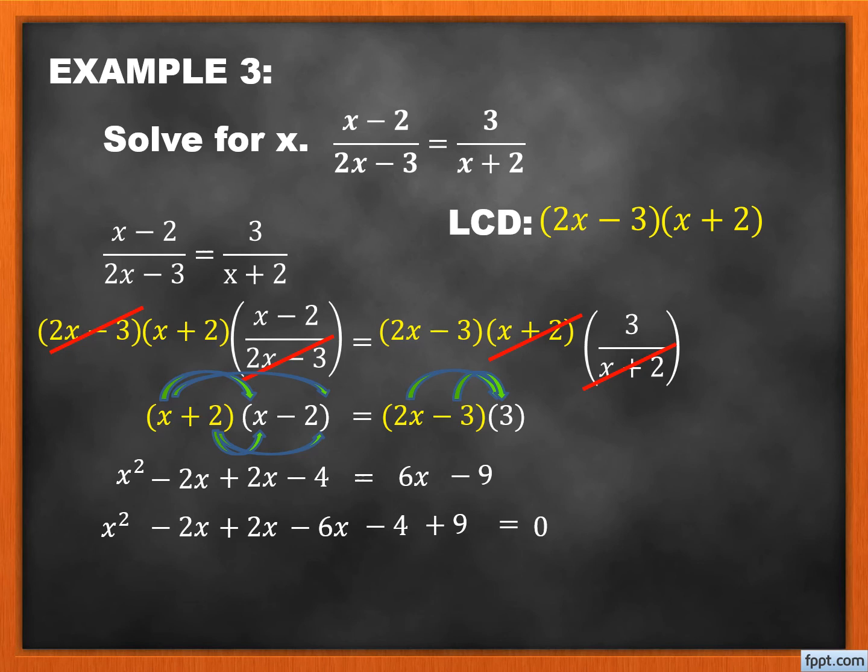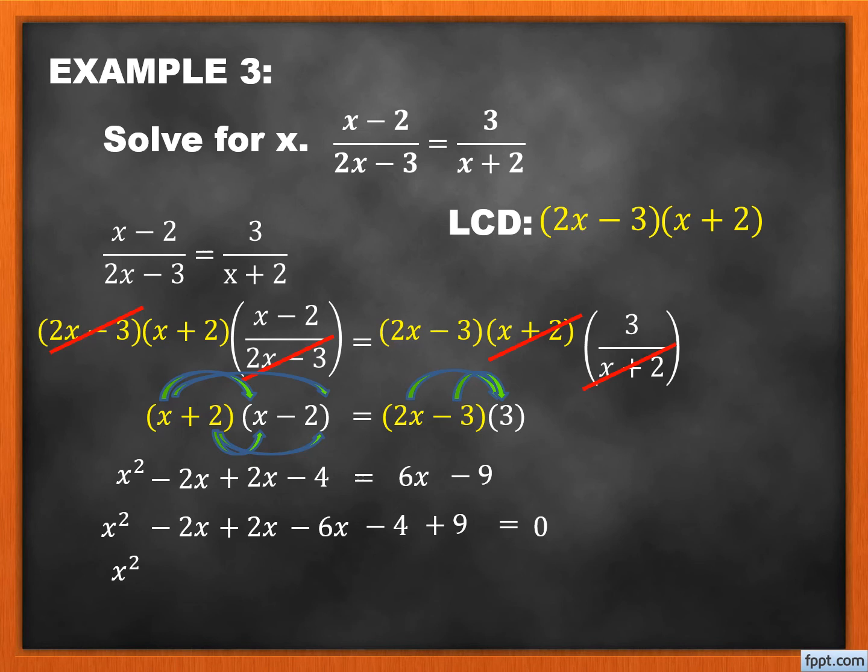Now, let us simplify this equation by adding like terms. Since there is no other term with x squared, then we just rewrite x squared. Next, we combine like terms with x variable, that is negative 2x plus 2x minus 6x.